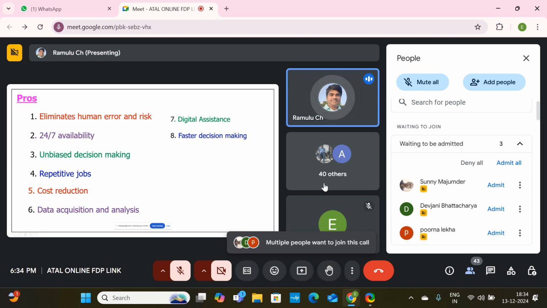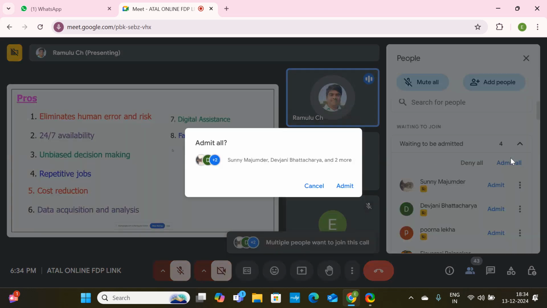With only human involvement, without computers, reading the data may take many days. But with computers and AI technology, data acquisition, analysis and decisions are very fast. Digital assistance and faster decision making are all advantages we get by using AI technology in our day-to-day life.